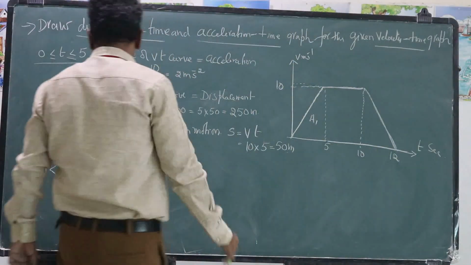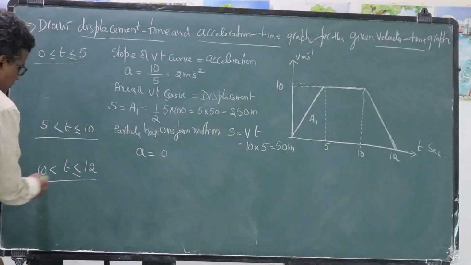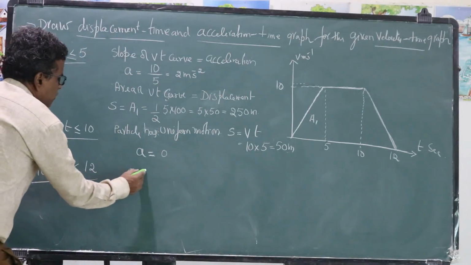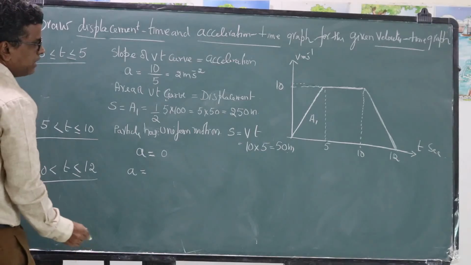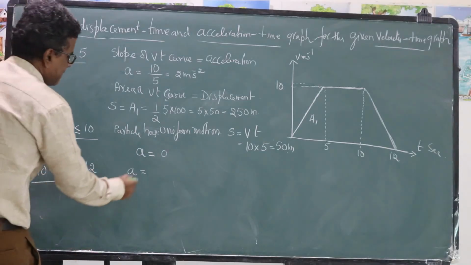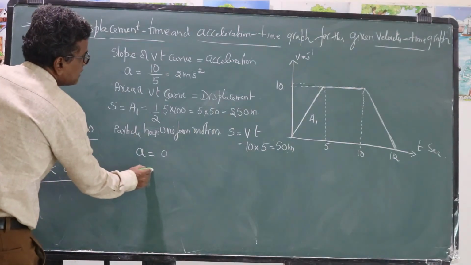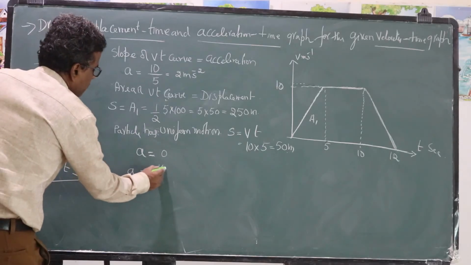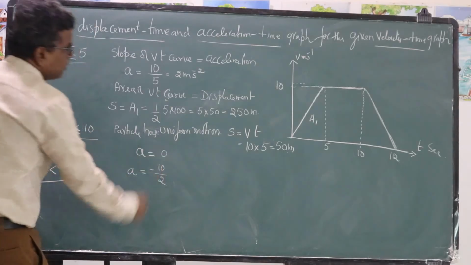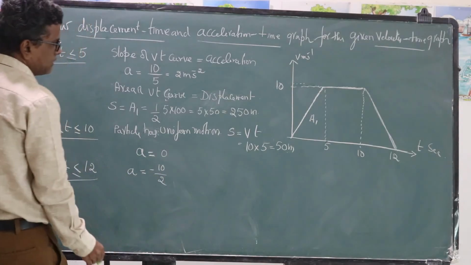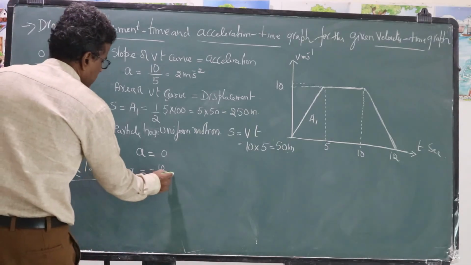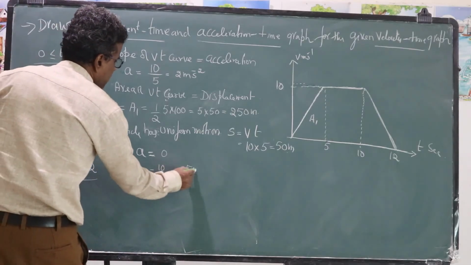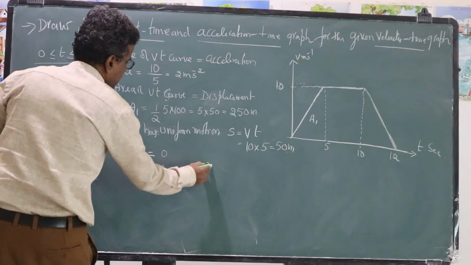So what is its acceleration? a is equal to the slope of the v-t curve. So it has a negative slope, that is minus 10 by 2 seconds, that is minus 5 meters per second squared.